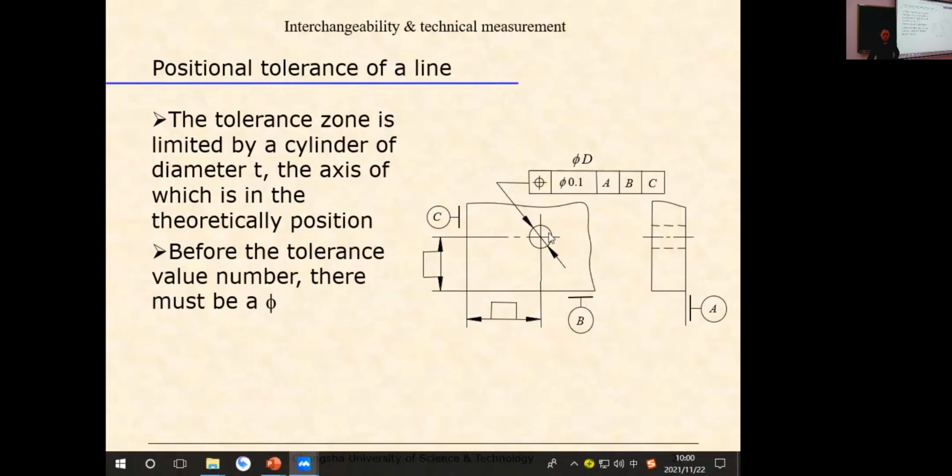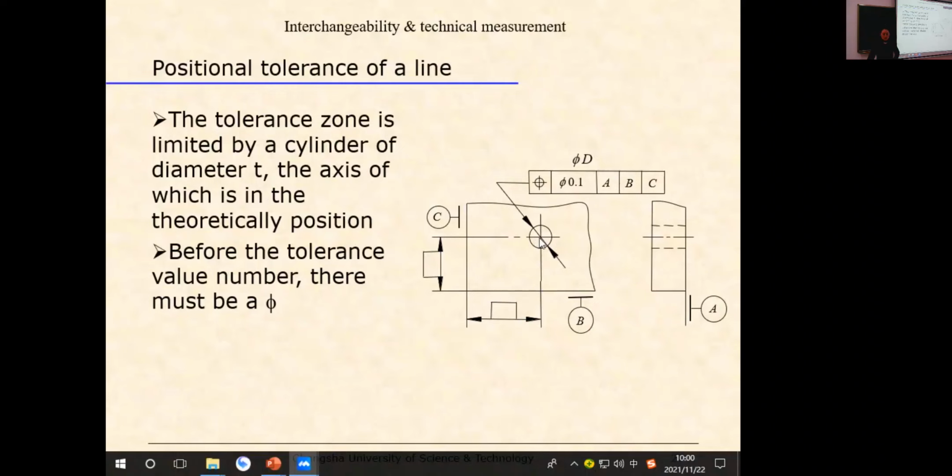Like this one, this is also how to constrain or restrain this line, right? This axis. So this circle is between this surface, there is a dimension, and to this surface there is a dimension.